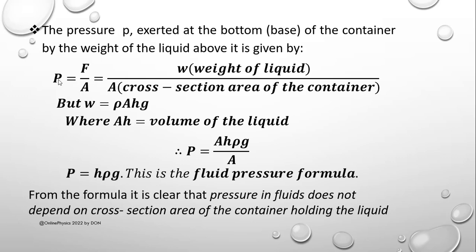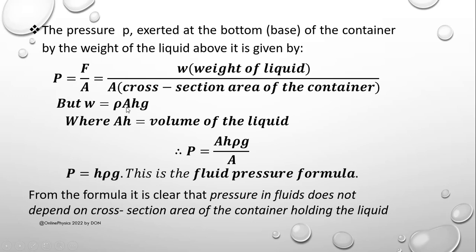We have the cross-section area and we have the height, so that is going to help us determine the volume. Once we have the volume of this liquid, we multiply by the density. Volume times density gives us mass. And from what we have learned in the topic force, to get weight from mass, it is mass times gravity.